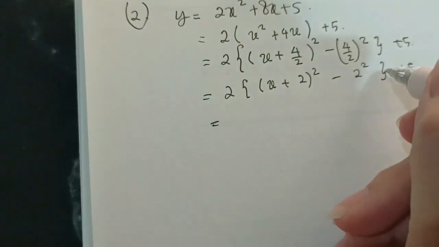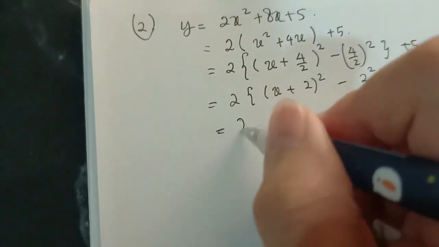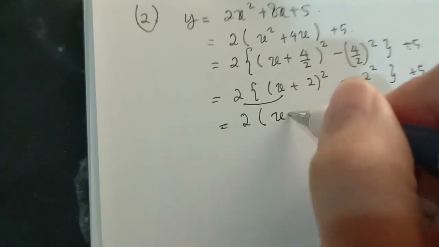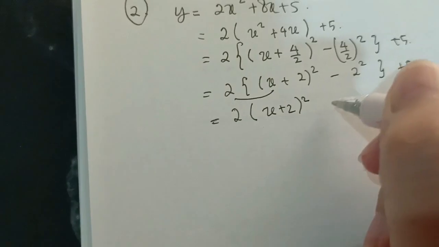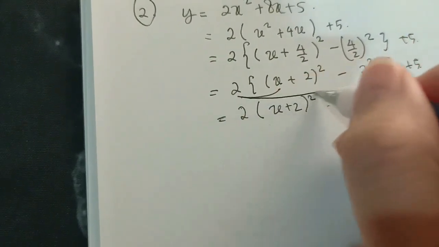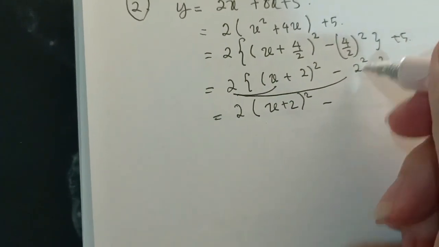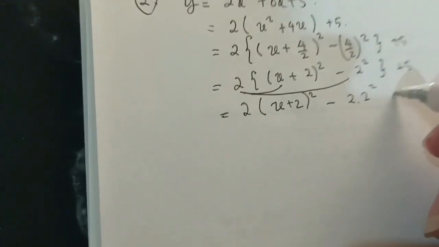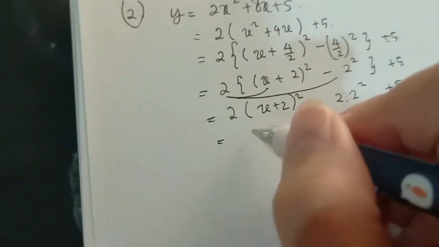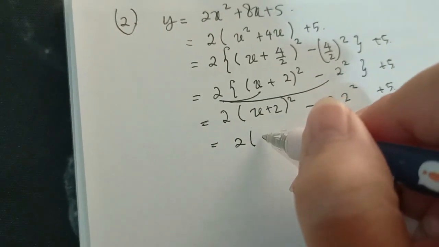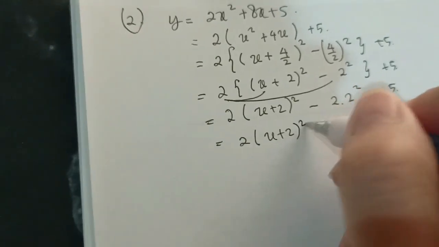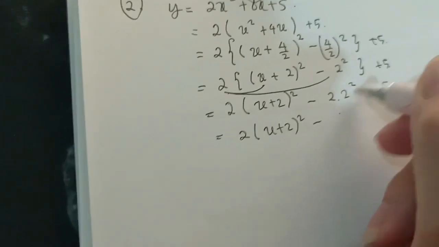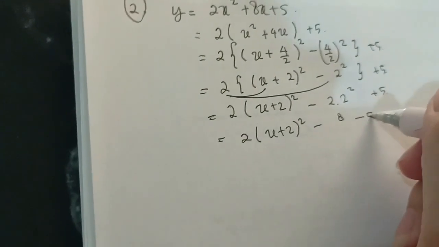Now we are going to open. 2 multiply this becomes 2(x + 2)² - 2 multiply 2², which is 2 multiply 2², plus 5. 2(x + 2)² minus, this is becoming 8, 2 multiply 4 is 8, plus 5.